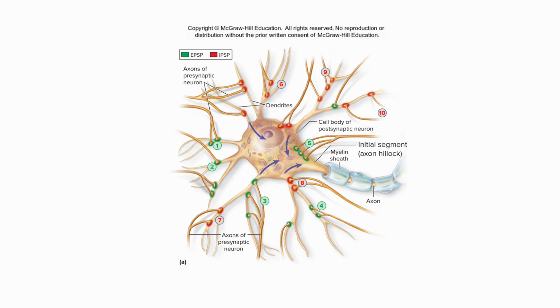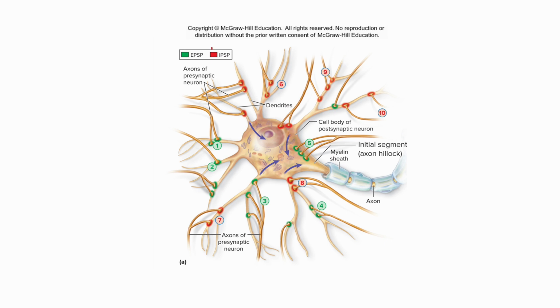Moving away from our stick figure neuron drawings for a moment, we have a more realistic illustration of a postsynaptic neuron with all these presynaptic inputs from other neurons. What we need to notice with this illustration is our postsynaptic neuron is right in the middle, and then we have all these synapses from presynaptic neurons, and they're indicated with either a red axon terminal or a green one.